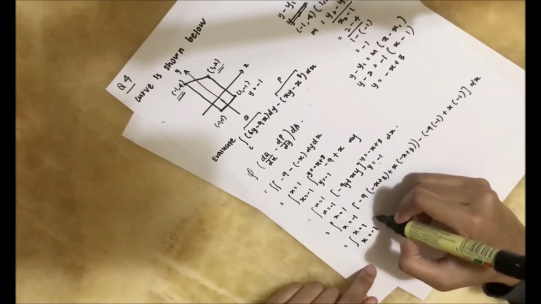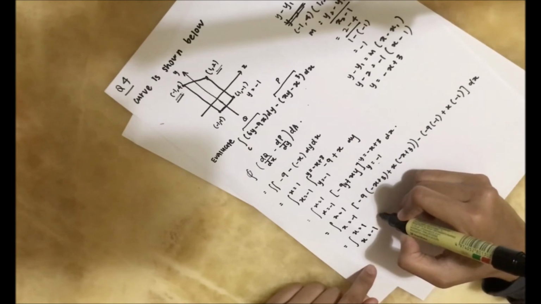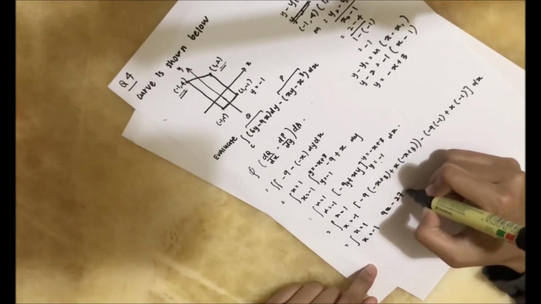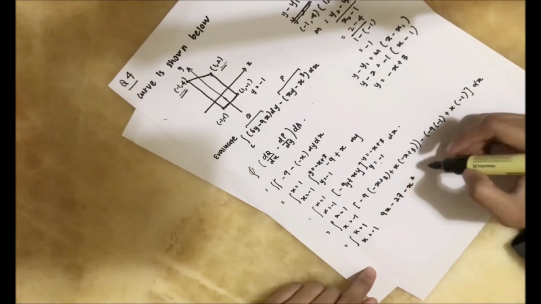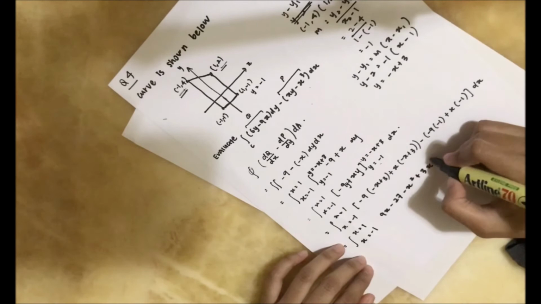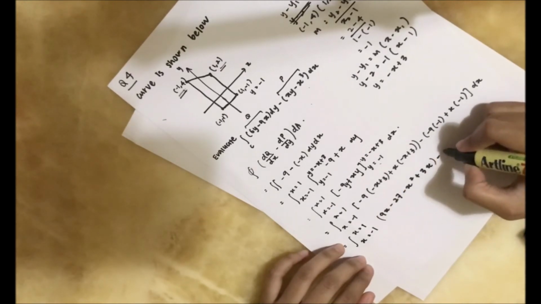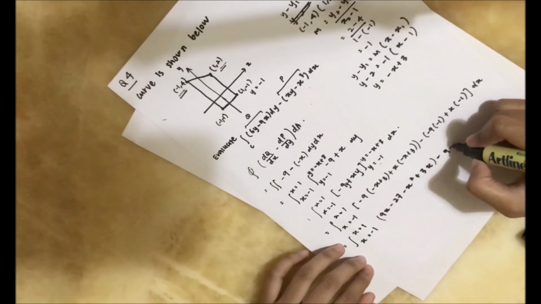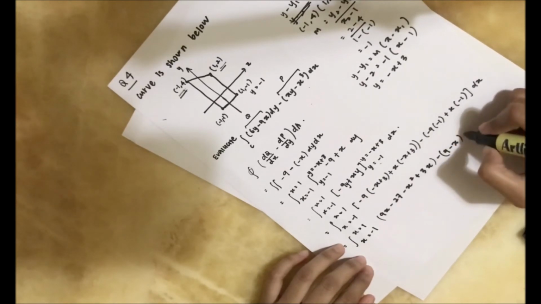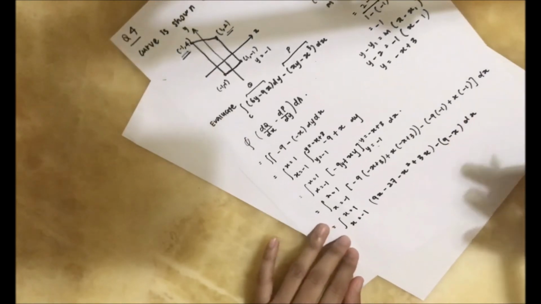We solve this equation and we got 9x, -27, negative x square plus 3x, minus 9, to x, 9 minus x dx.